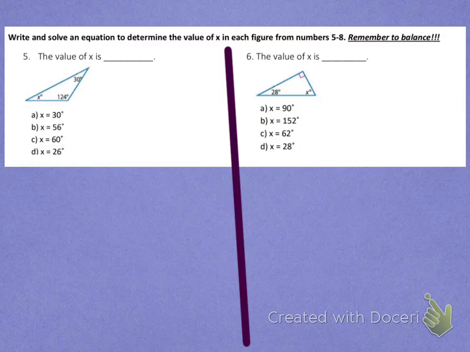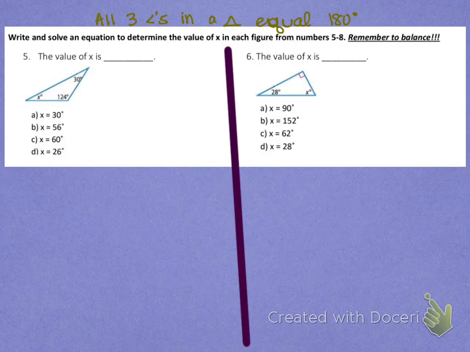All 3 angles in a triangle equal 180 degrees.